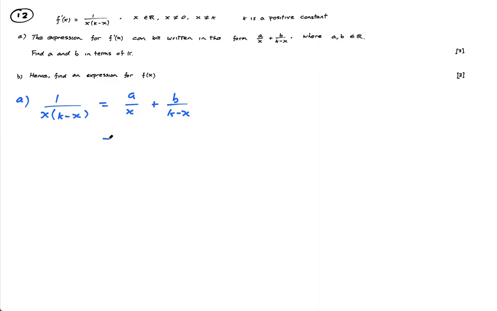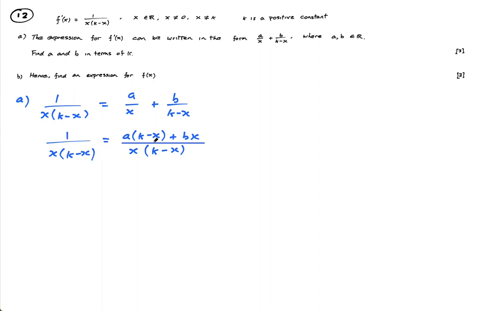Because if we get a common denominator, think of algebraic fractions, the common denominator is this times this, which means in order to make this a single fraction, I need to do a times k minus x plus b times x. And this is equal to 1 over x times k minus x.